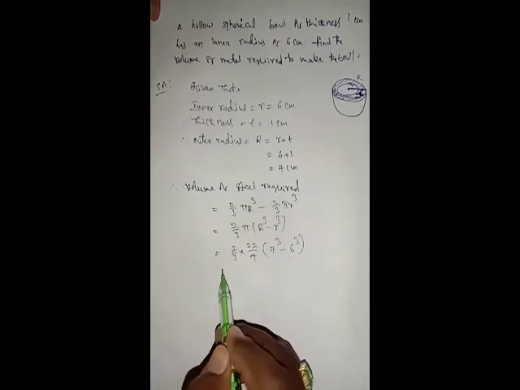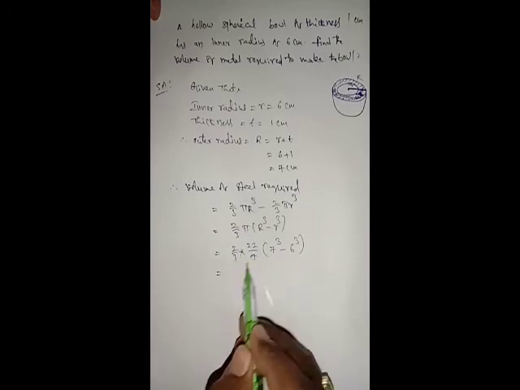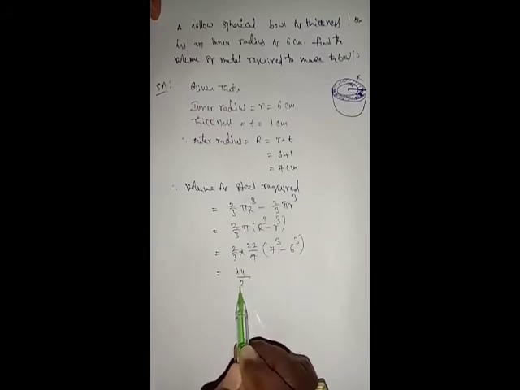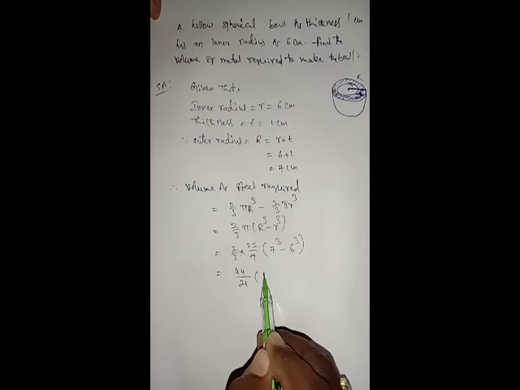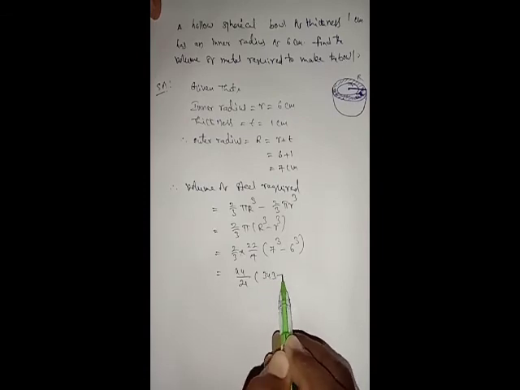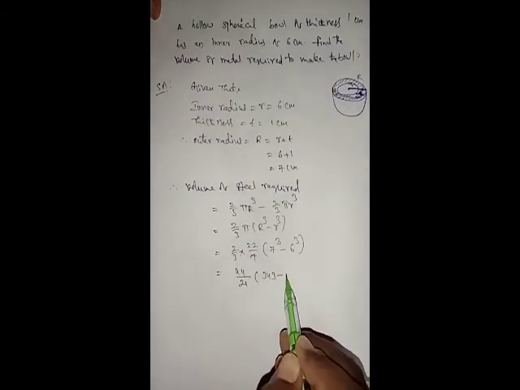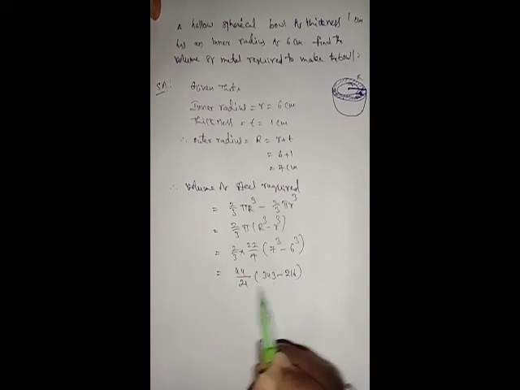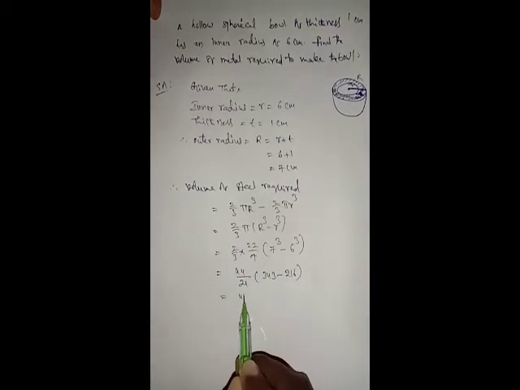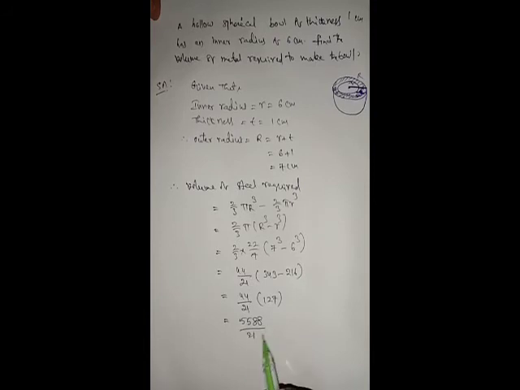Next we can simplify 22 into 2, 44 by 21. 7 cube value is 343 minus 6 cube is 216. So after simplification, 44 by 21 into 127. So multiplying, children, 5588 by 21 centimeter cube.